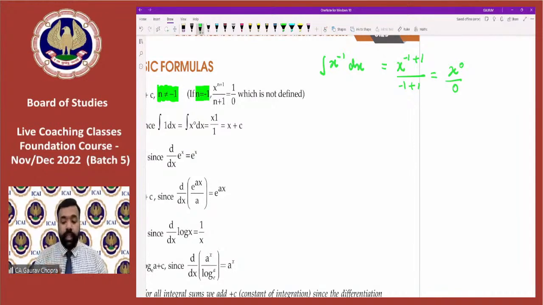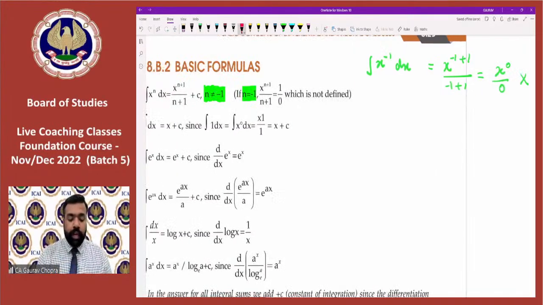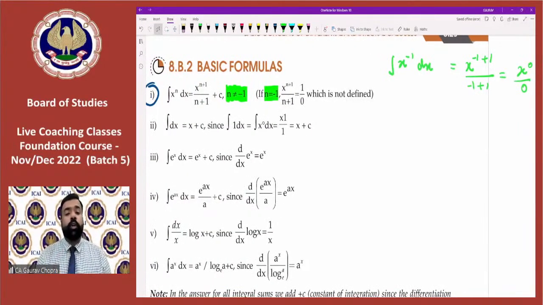It becomes infinity. So that is why we cannot use this formula when n is equal to -1. Okay, so we have to remember that this first formula, x to the power of n, cannot be used when n is equal to -1.